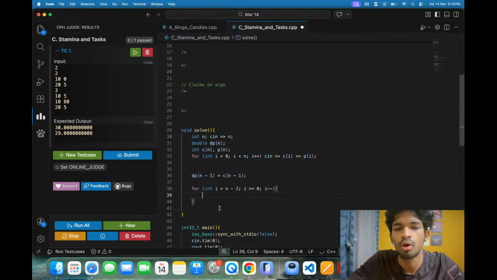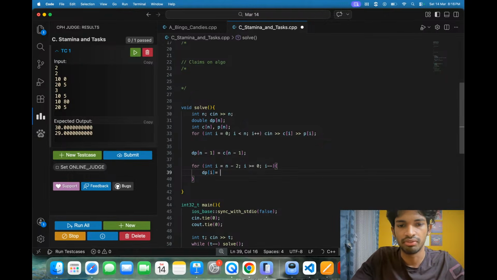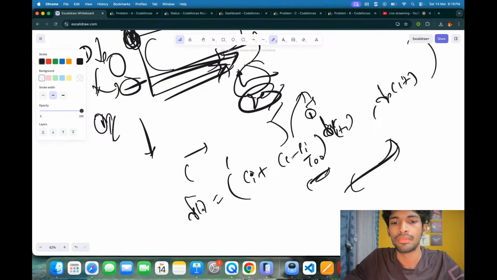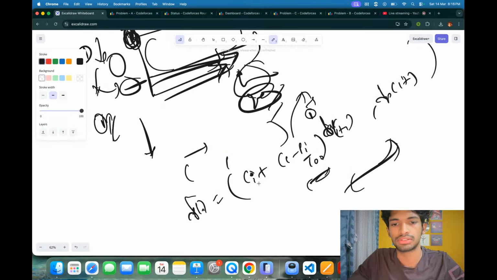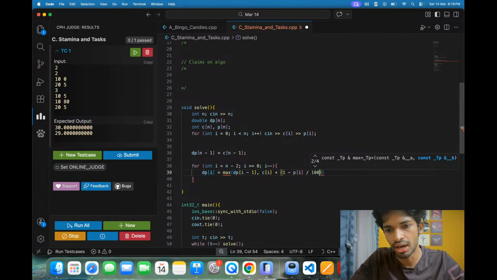Starting from 1 here, what's the answer? That's our dp, very clearly equal to the maximum of dp of I minus 1 comma. This is just the answer, okay? C of I plus, you take that, and then it will become 1 minus P of I divided by 100.0.